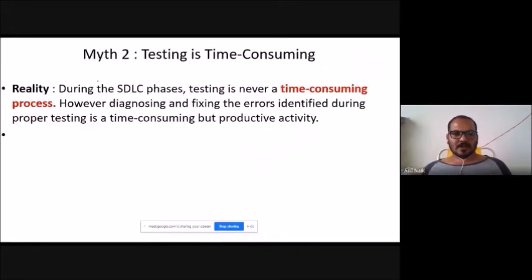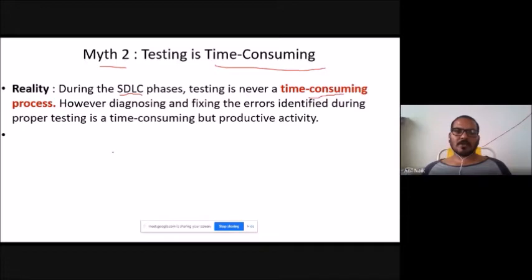So that is the first myth. The second is testing is time consuming. In reality, during the software development lifecycle phases, testing is never a time consuming process.